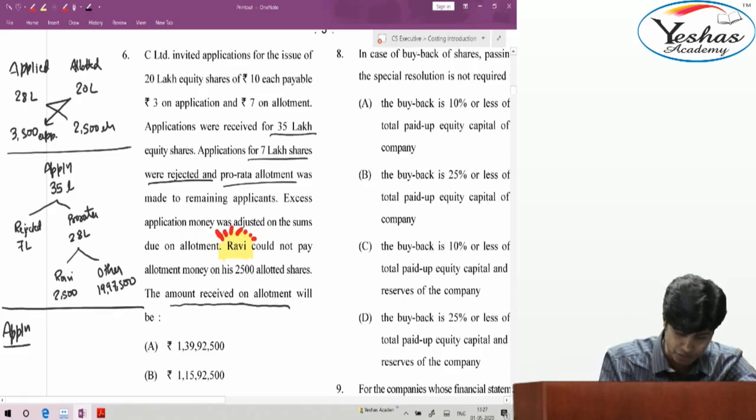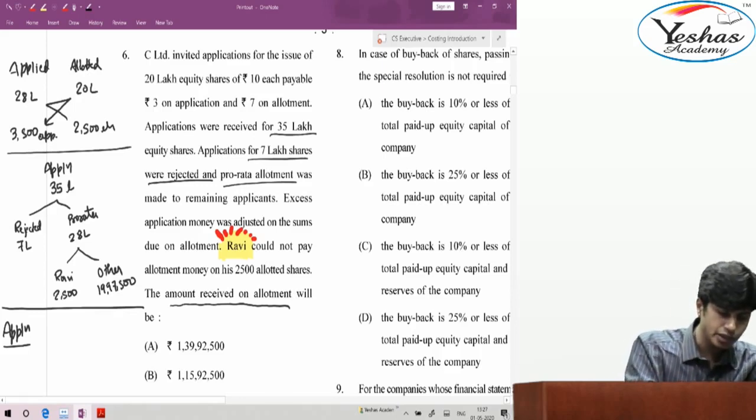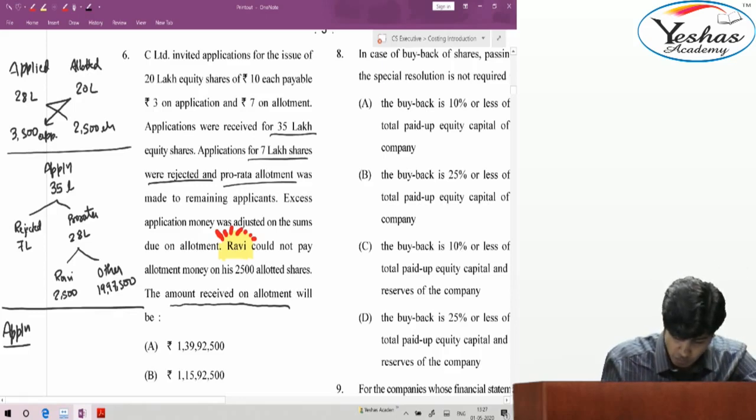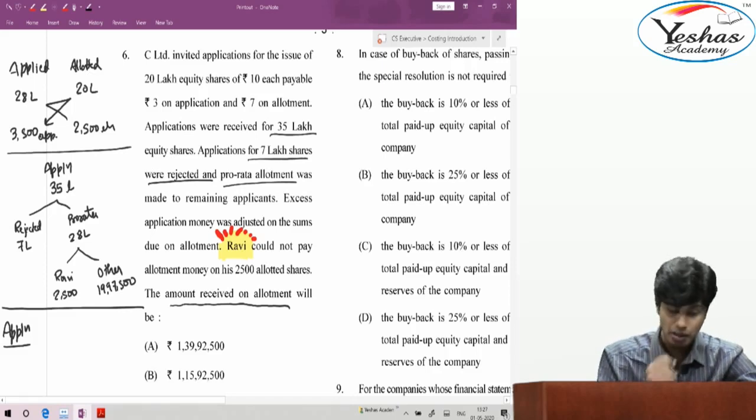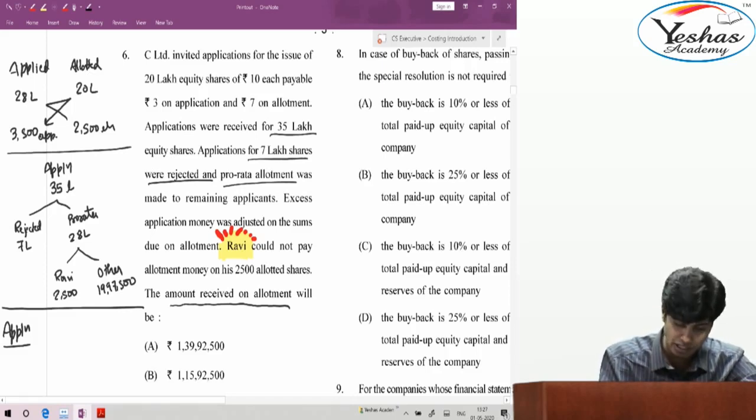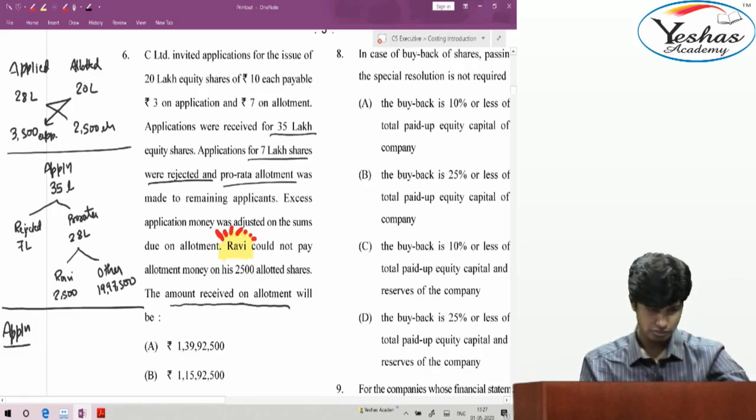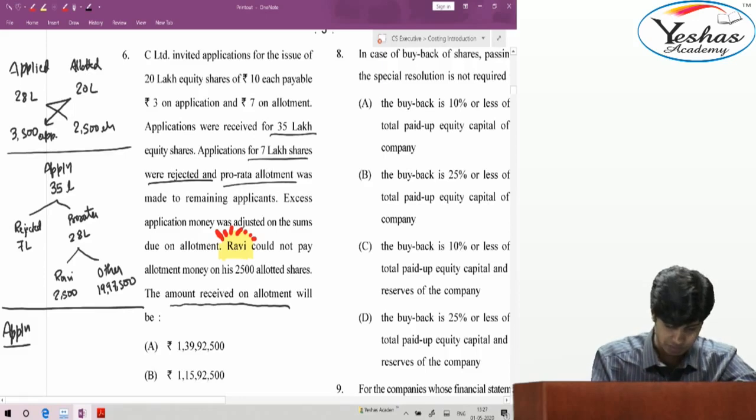So on application you received 28 lakh into 3, that is 28 into 3. So you received 84 lakh rupees. But on application what was supposed to be collected is 20 lakh into 3. That comes to 60 lakh. So calls in advance here will come to 24 lakh. You have collected 24 lakh rupees in excess.